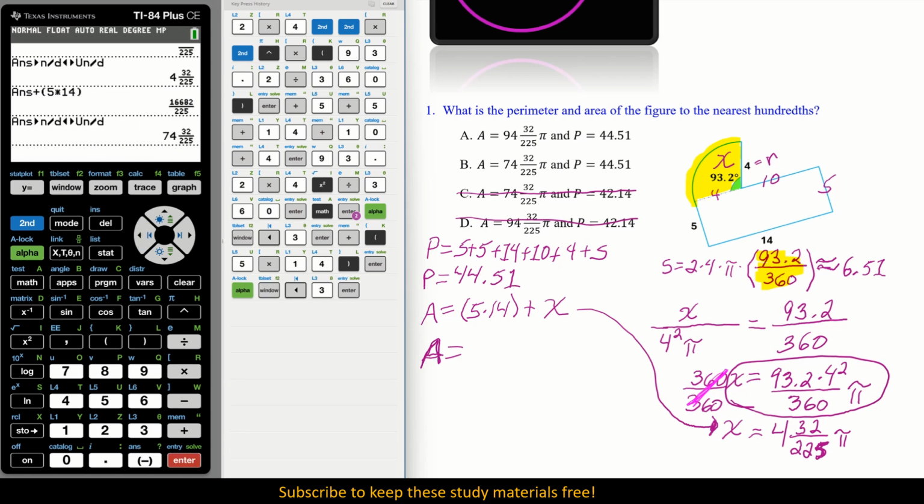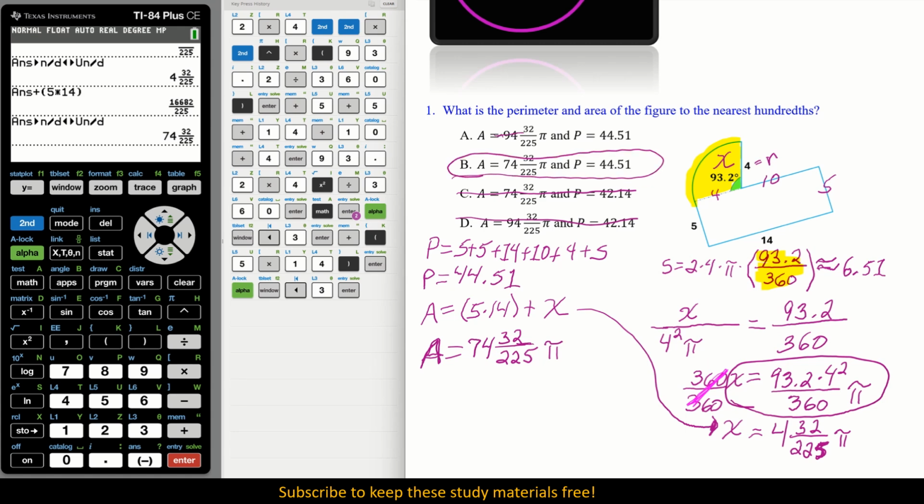There we go. 74. Now don't forget the pi. Remember, this is just a numeric part. We're letting pi tag along. So we have 74 and 32 over 225, and pi tagging along at the end. Well, now we have an option. That would be B, because A is too large.